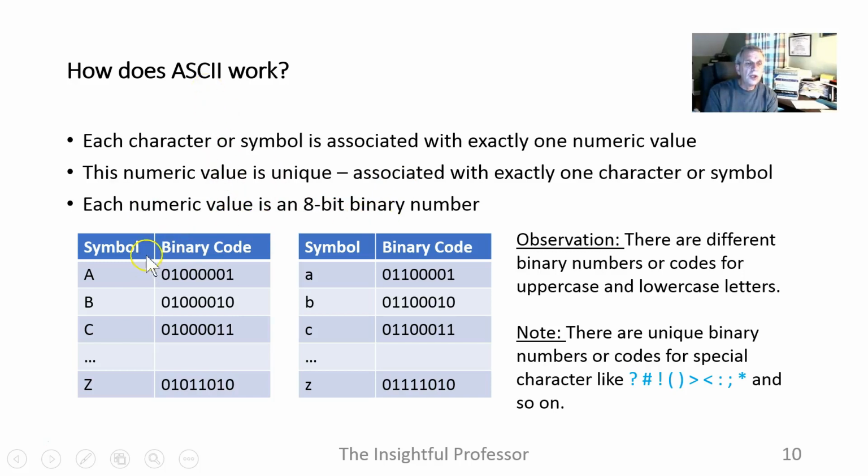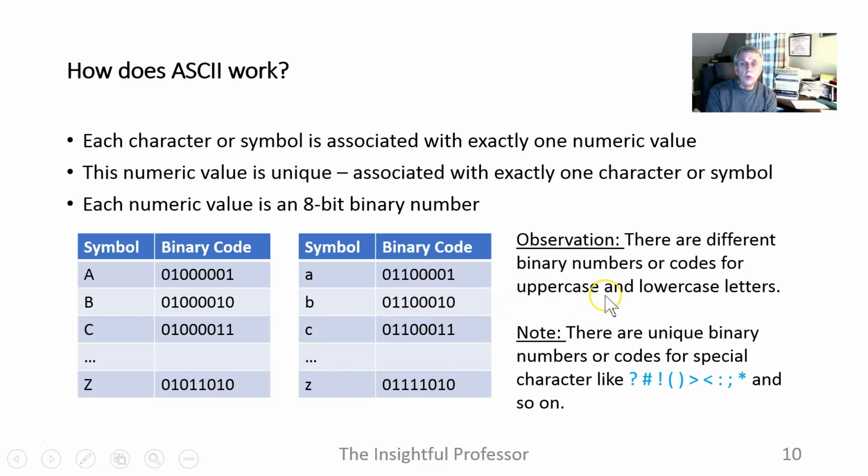For example, if we look at the uppercase letters of the Roman alphabet, the uppercase A has this particular code, 0100 0001. Uppercase B has this code, C this code, and all the way down to uppercase Z. But remember, we have to account for lowercase as well. So what we see is the lowercase letters, A, B, C, and so forth, have these codes.